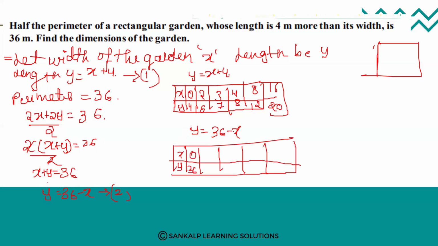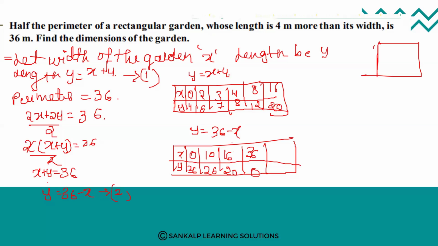If x is equal to 10, since it is a big value, 36 minus 10, that is 26. If x is equal to 36, then 36 minus 36 is 0. Okay, if I take x is equal to 16, then value of y is 20.